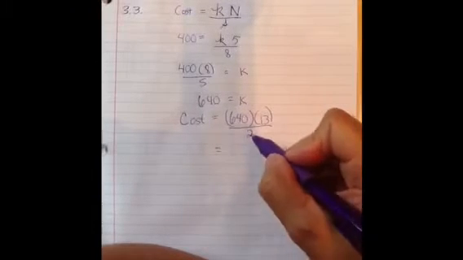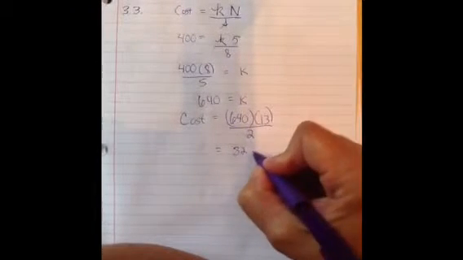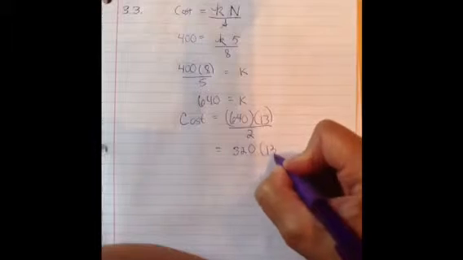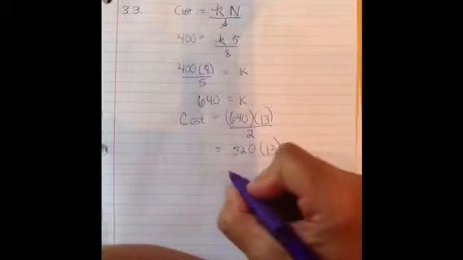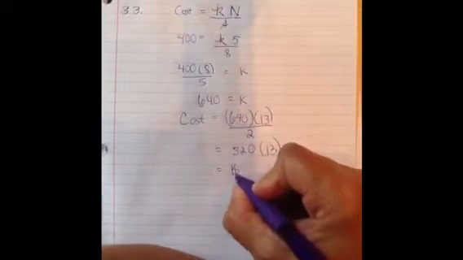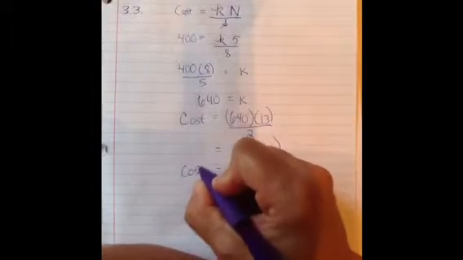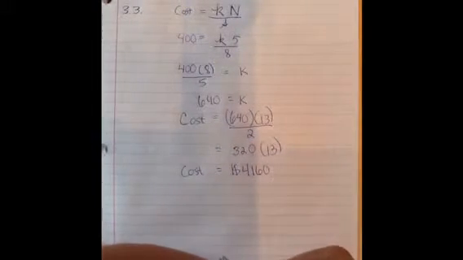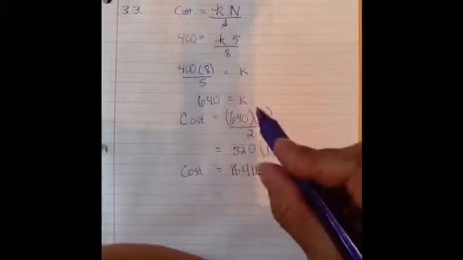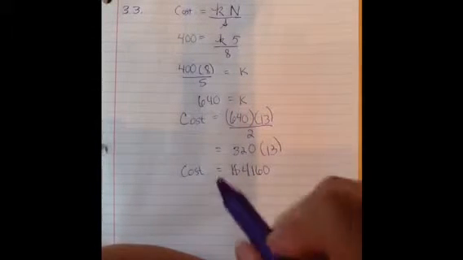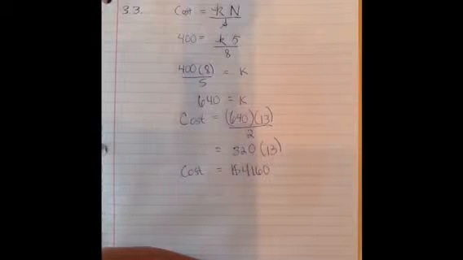So now I've got 2 going into 640, 320 times 13, which ends up being $4,160. Now you could do it that way, and that allows you to find K first and get the cost from there. But it's taking your word problem and writing down what you know and finding an equation.